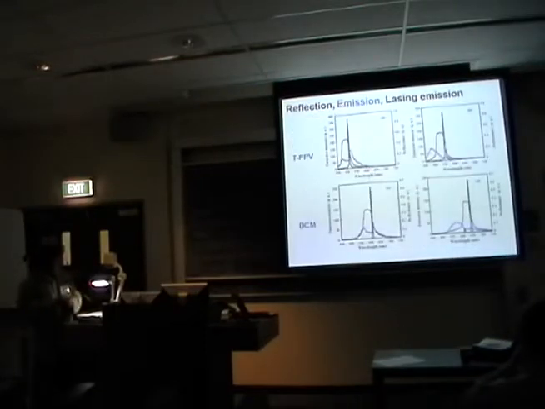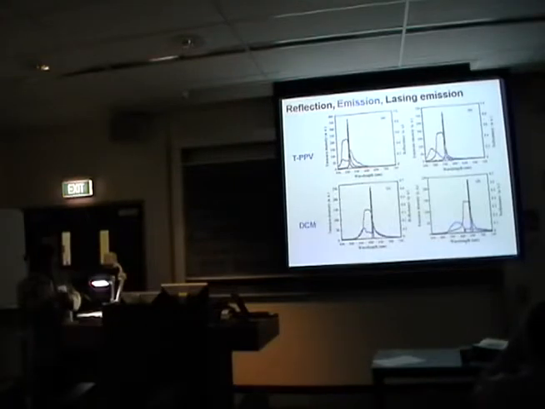And these are the experimental results. The red one is reflection, the blue one is emission, and this black one is lasing emission. So when the excitation power is low, we have this kind of emission.